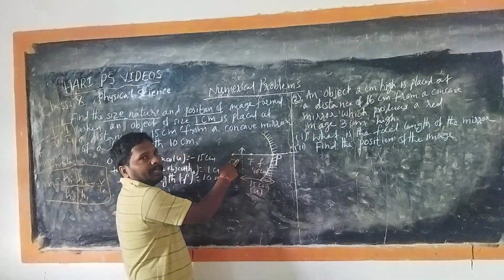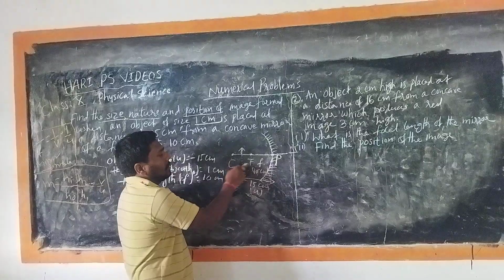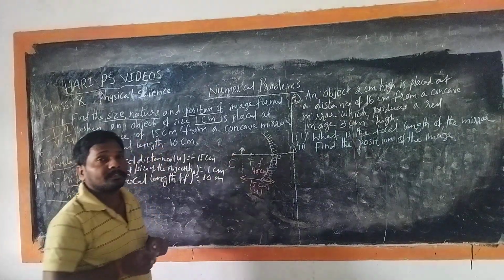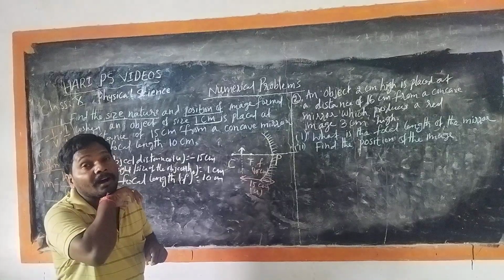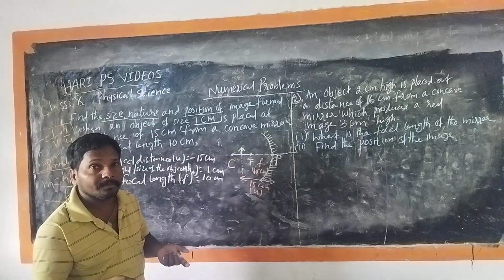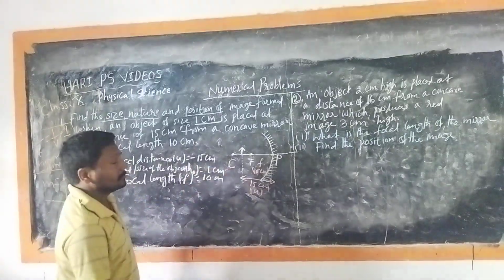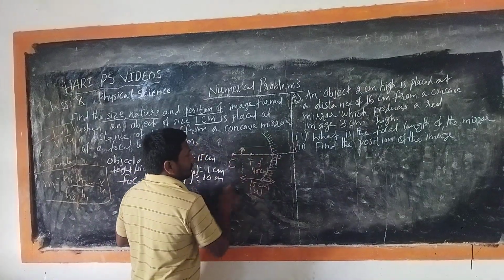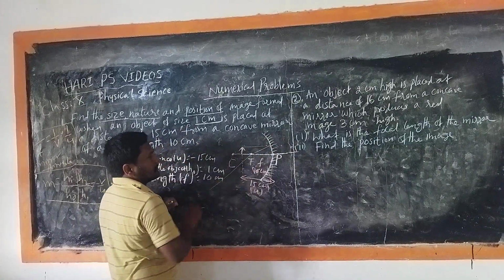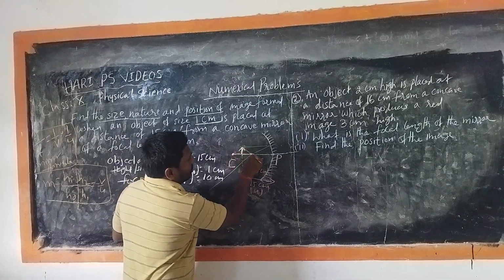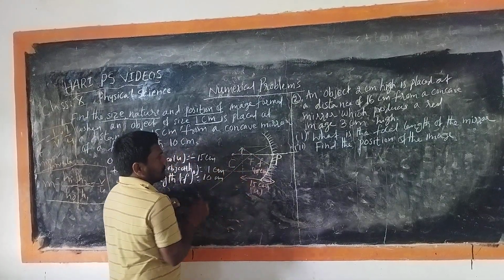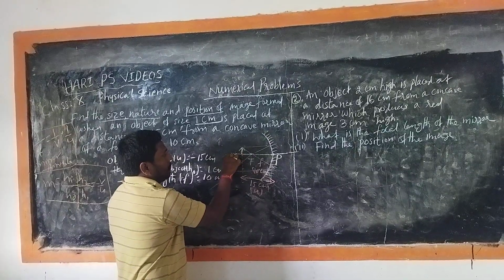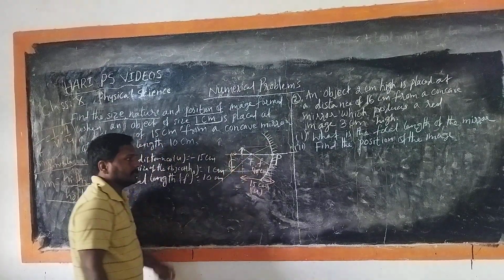Here the object is placed between the pole and the center of curvature. Where does the image form? Let us do it. One light ray passes through the focus, and another one through the focus, and they form lines. The image forms behind the center of curvature.